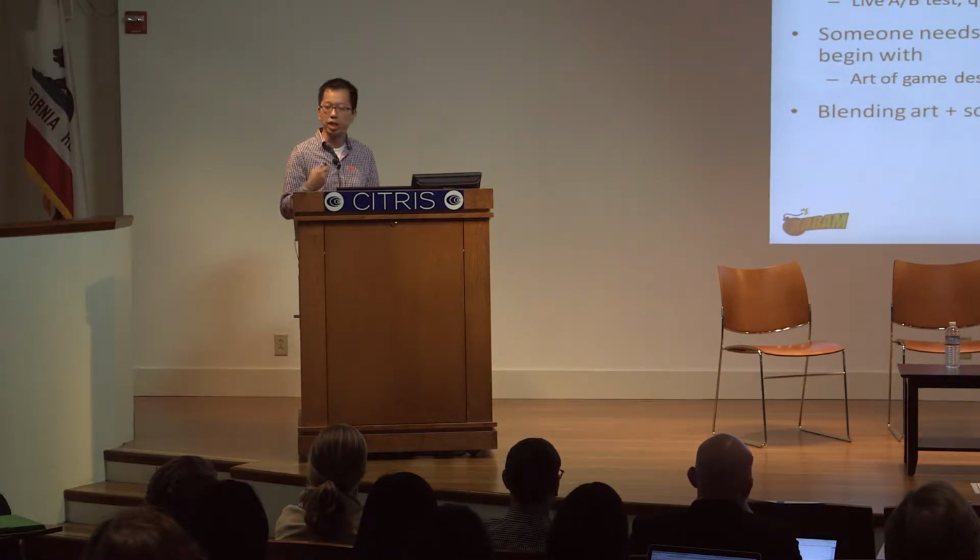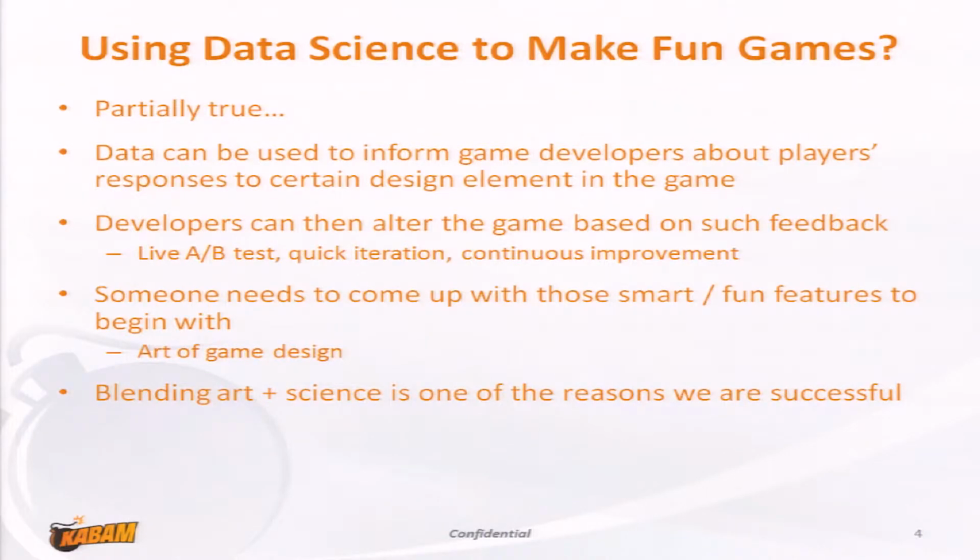That enables us to do quick iteration and continuous improvement in our game. And I think that's really a game changer for free-to-play online games compared to traditional console or PC games, where the developer doesn't have a good sense of how the players respond to the features that they developed.